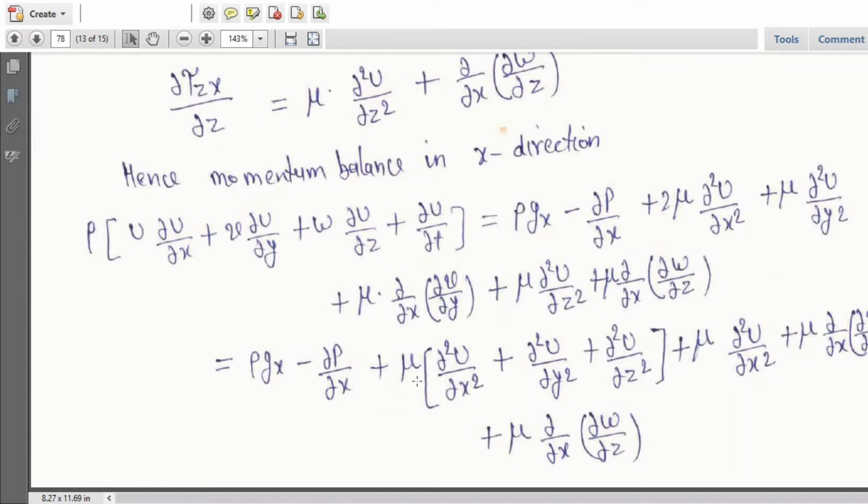plus mu times the second order terms, del square u upon del x square plus del square u upon del y square plus del square u upon del z square. Another term we have is mu del upon del x of del u upon del x, plus mu del upon del x del v upon del y, plus mu del upon del x del w upon del z.